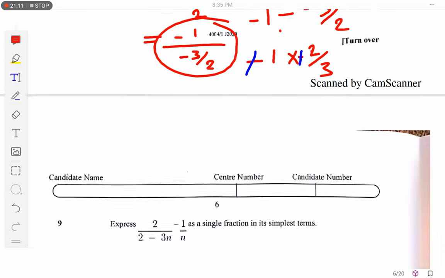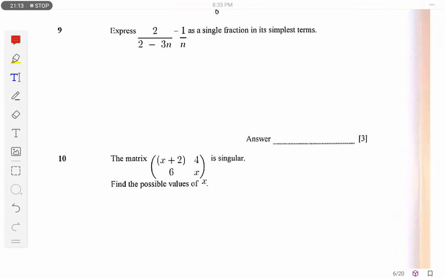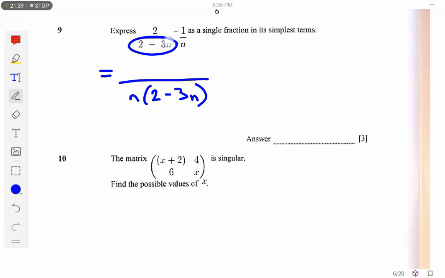Okay, let's move on. We want to write this number as a single fraction in its simplest form. So what we can do is have a common denominator. Our common denominator, we can simply multiply n by 2 minus 3n. So I'll have here n times 2 minus 3n. That's my common denominator. Then this one into this denominator, I'll have n times 2.